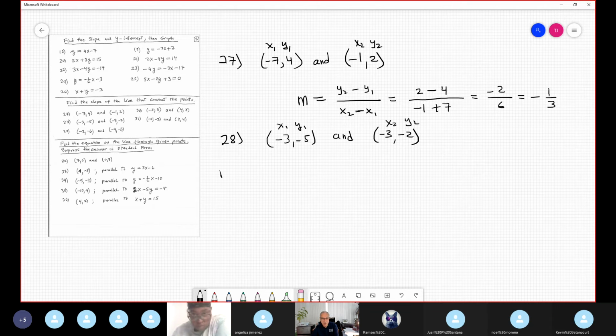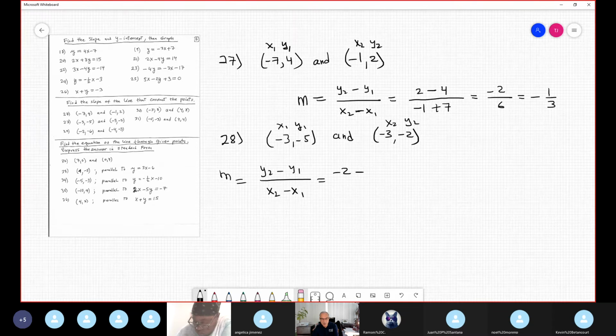The formula for the slope is y2 minus y1 divided by x2 minus x1. y2 is negative 2 minus y1 is negative 5, double minus becomes positive. x2 is negative 3 minus x1 is negative 3, also positive 3, becomes positive. In the top we have 5 minus 2, is 3.